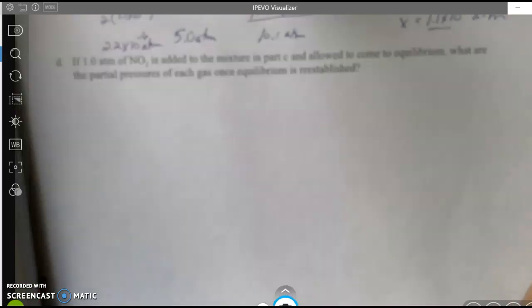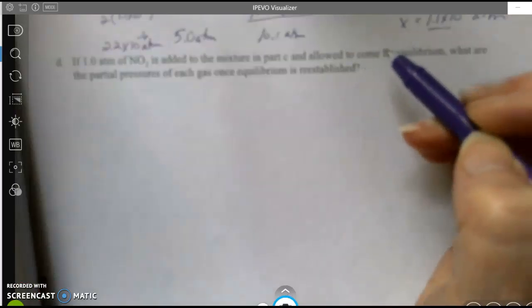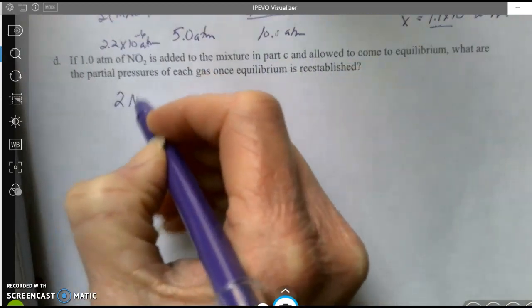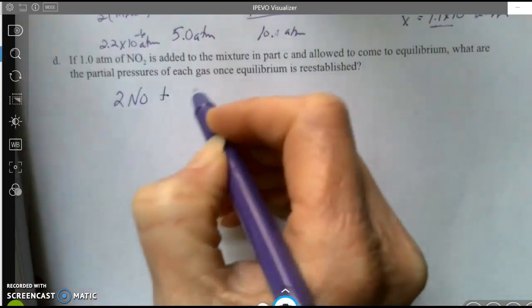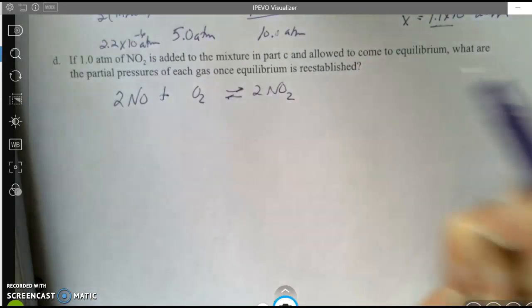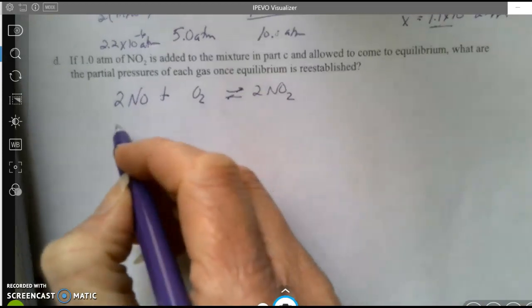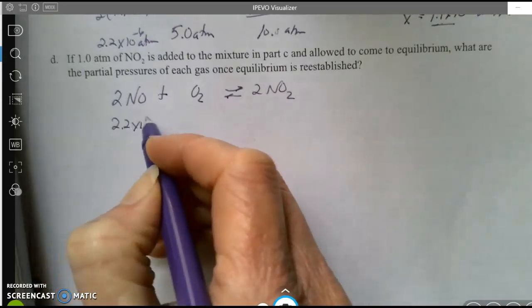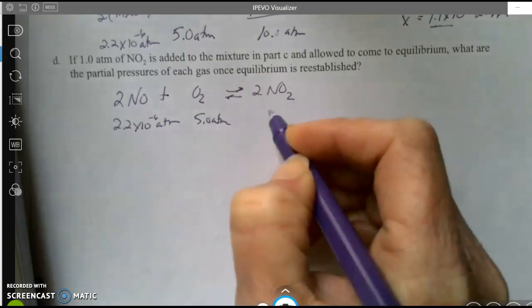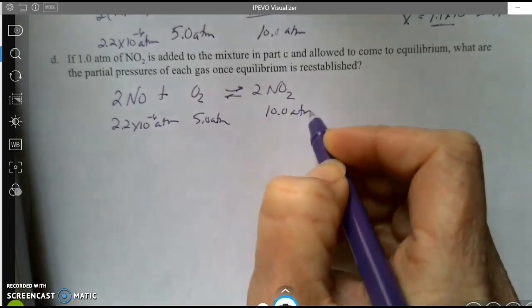Letter D is assuming that we got equilibrium of these values. So I am going to do my equation again. I'm going to be starting with this 2.2 times 10 to the negative 6 atm, 5 atm, and 10.0 atm.